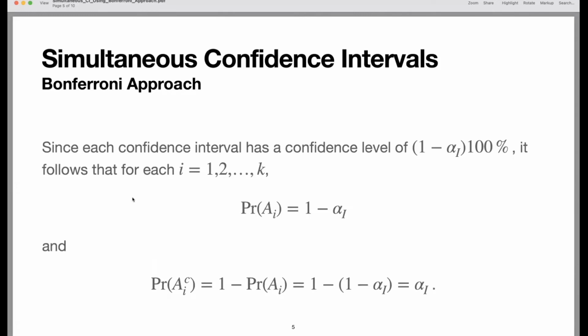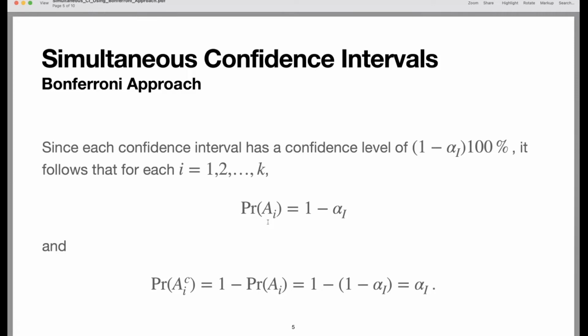Now, since each confidence interval has a confidence level equal to (1 minus alpha sub I) times 100%, it follows that for each I going from 1 up to k, the probability of A sub I is equal to 1 minus alpha sub I. That's the probability that the ith interval contains the parameter it's estimating.